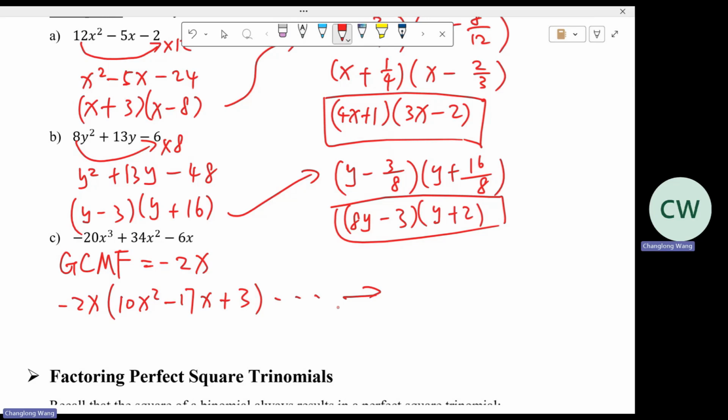You will get, let me tell you what it is: (5x minus 1), negative 2x, 5x minus 1, and 2x minus 3.